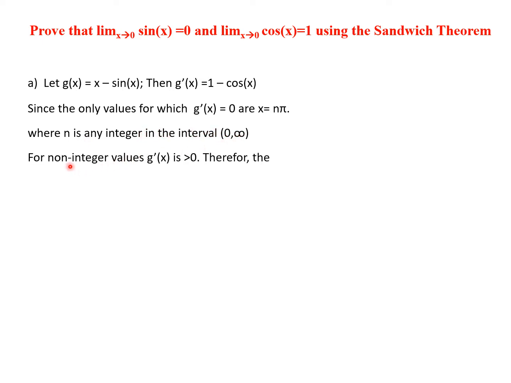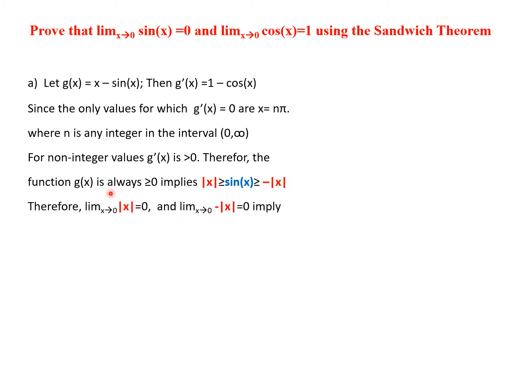For non-integer values of n, g prime of x will always be greater than or equal to 0. Therefore, the function g of x is always greater than or equal to 0, which implies the absolute value of x is always greater than or equal to sine x, and sine x is always greater than or equal to the negative of the absolute value of x.